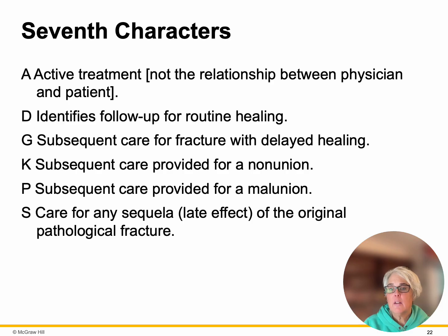A sequela, S, is used when there's late effects after the fracture is healed, such as chronic pain or deformity. Maybe 2 years down the road, I have a deformity in that distal tibia where I had the fracture. Then that would be considered a 7th character of S.